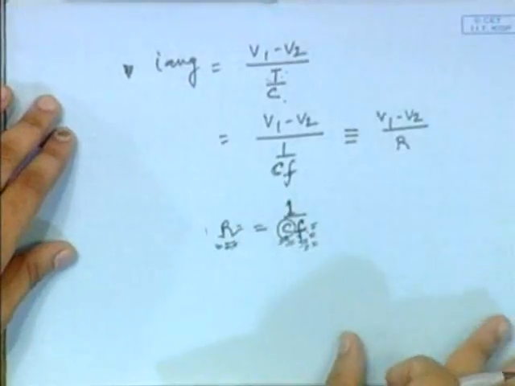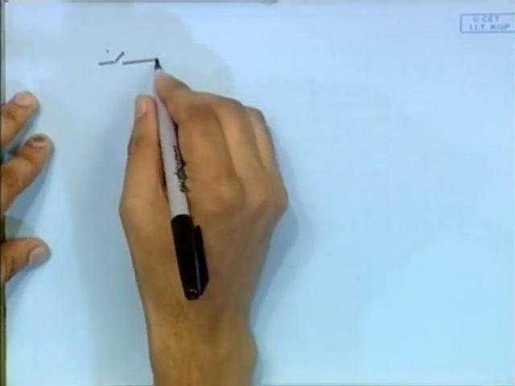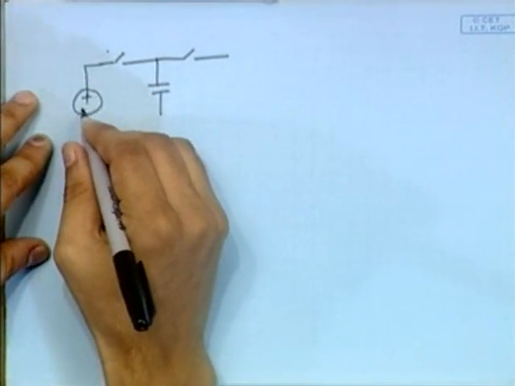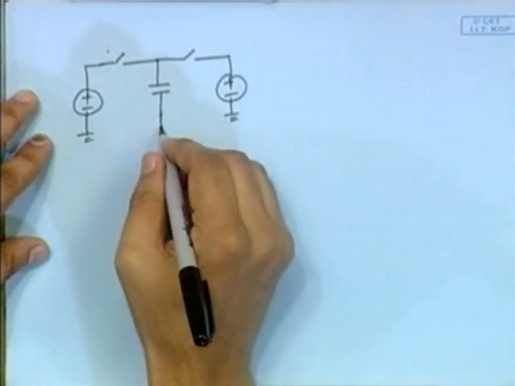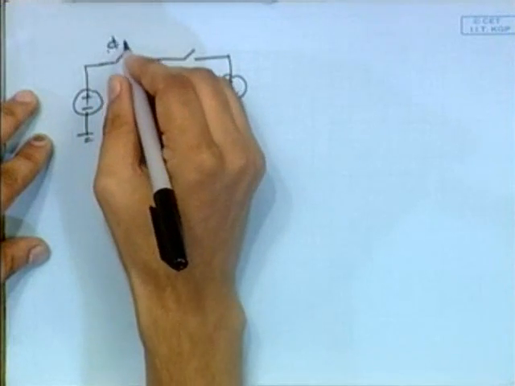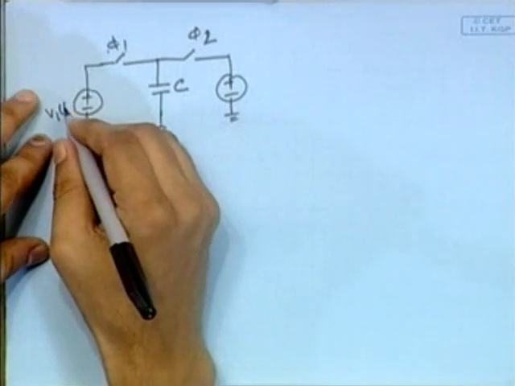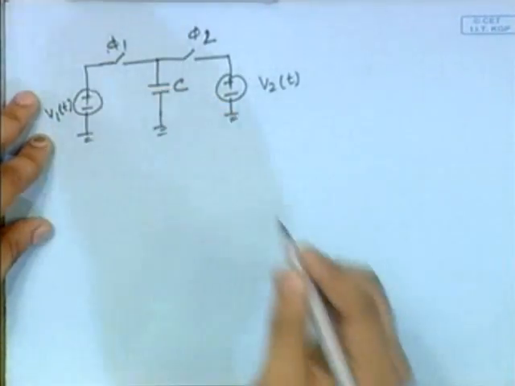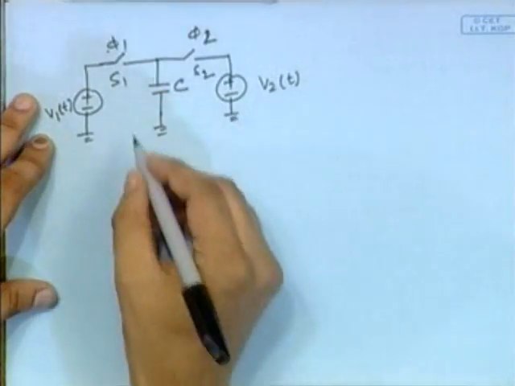MOS circuit. Now this is S1, this is S2.